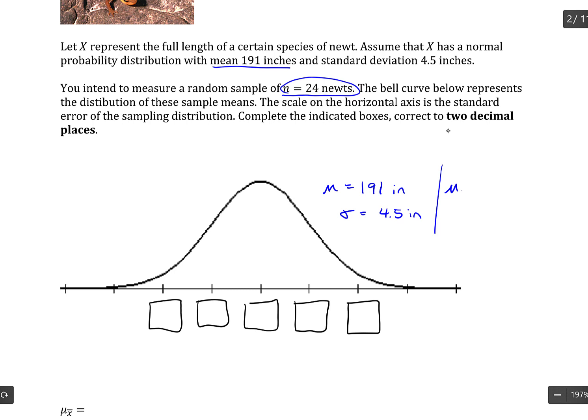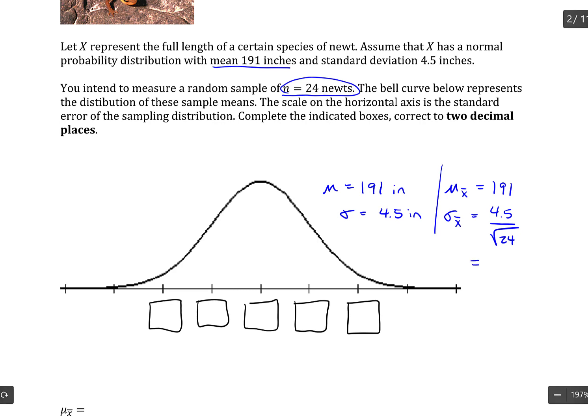So the mean of a sampling distribution for the mean is just equal to the mean of your population, so it's still 191 inches. The standard deviation of your sampling distribution for the mean is the original population standard deviation divided by the square root of the sample size.